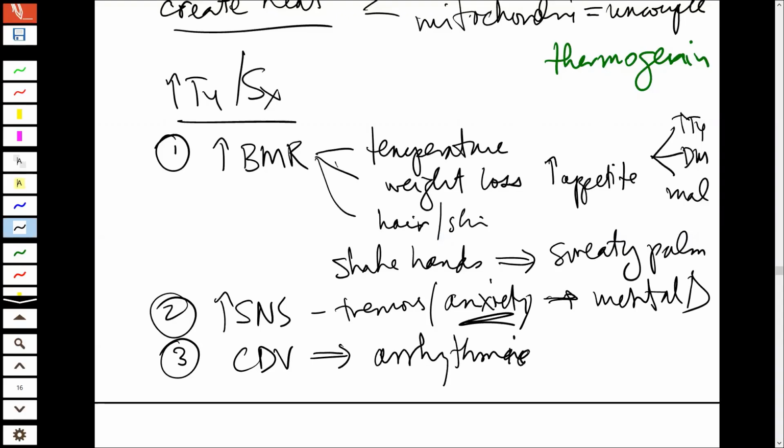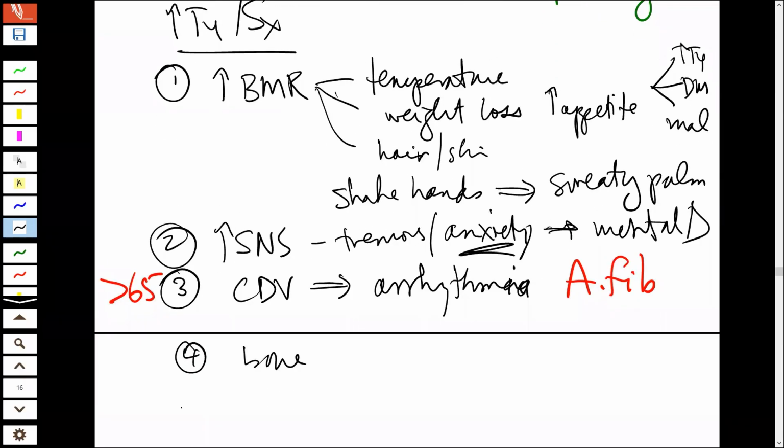And the big idea here is if you're over 65, this might be all you get. So the big arrhythmia here is AFib. Then after that, we go to just the general non-specific ones. So we're going to go to bone because they get osteoporosis, and we're going to go to muscle. And this is where you're going to get your muscle wasting and weakness.